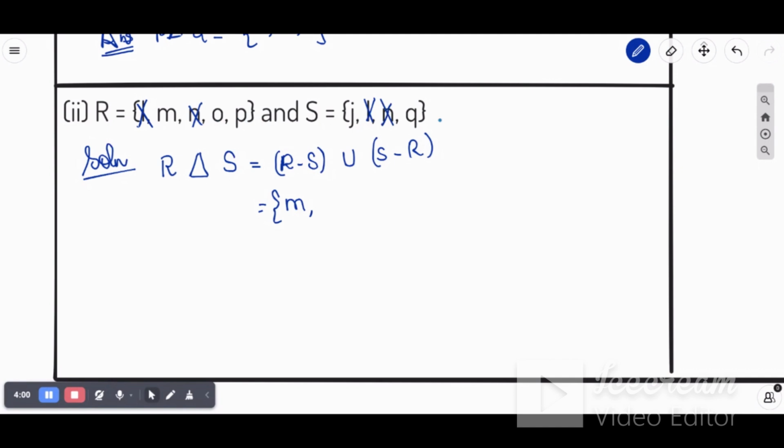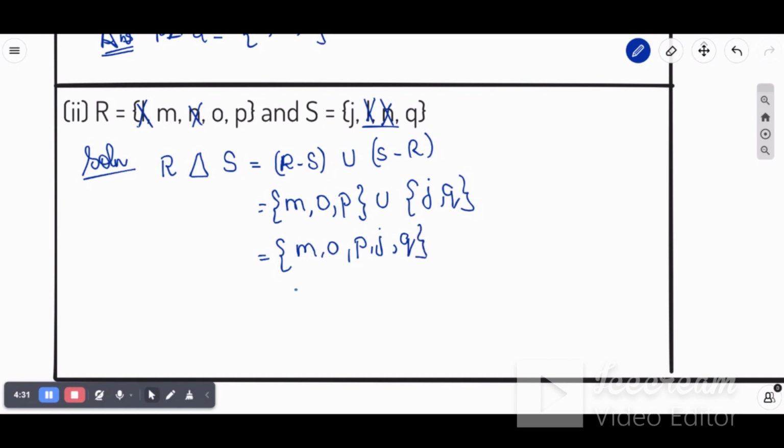And O and P are not in S, so we can write M comma O comma P. And union, then you have to write your S minus R. Since we have struck out the common elements L and N, we can directly write J comma Q. So your answer will be M, O, P, J and Q.